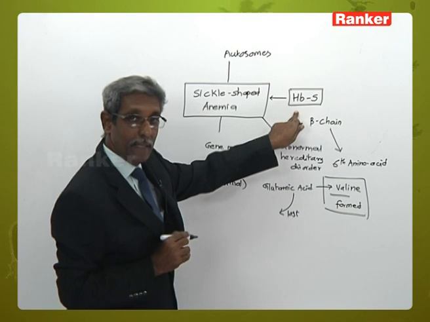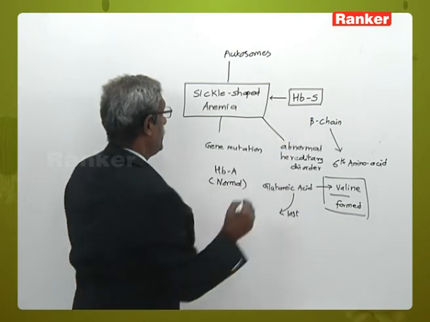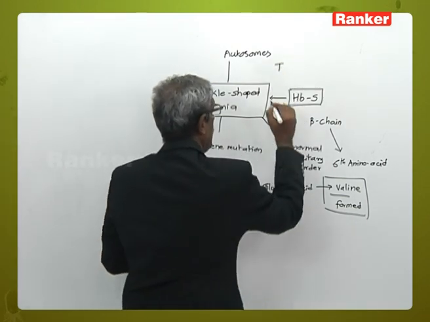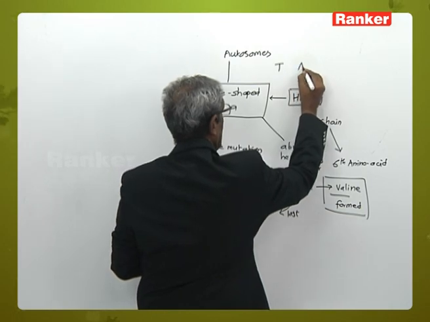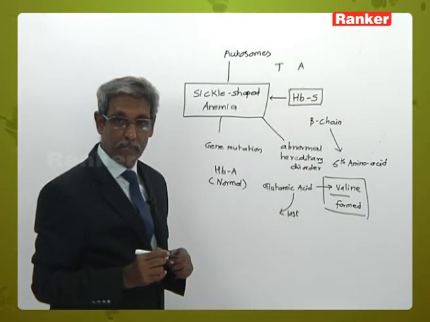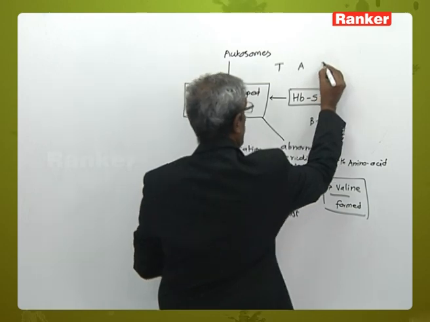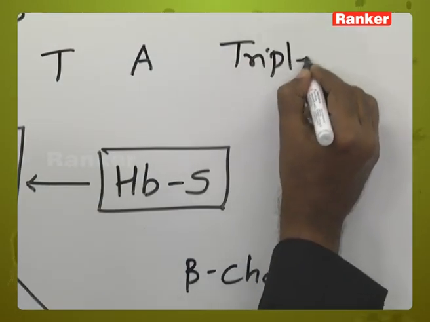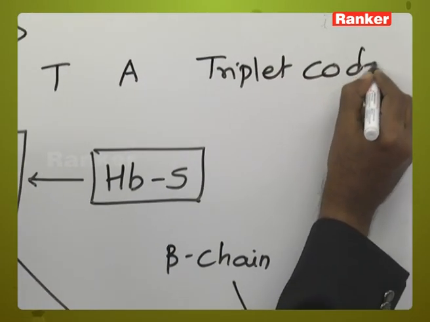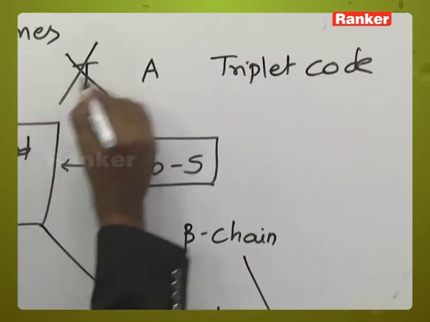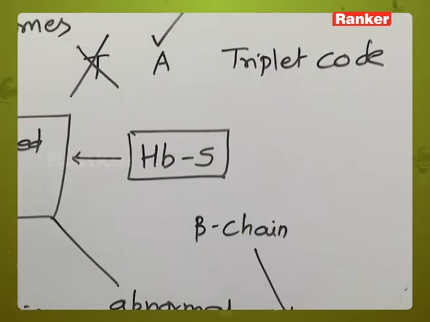So, in genetics, thymine is substituted by adenine in the triplet code. In the triplet code there is no thymine, whereas adenine is added.